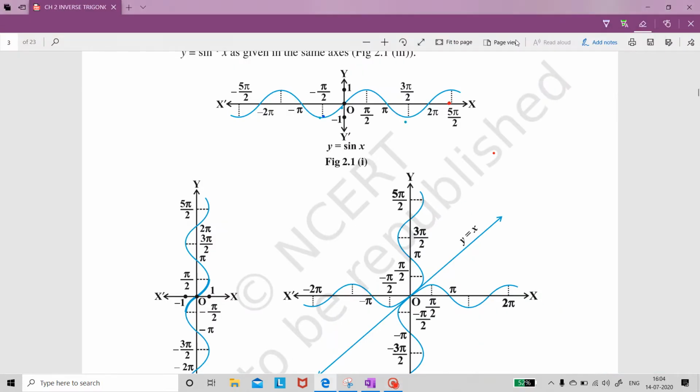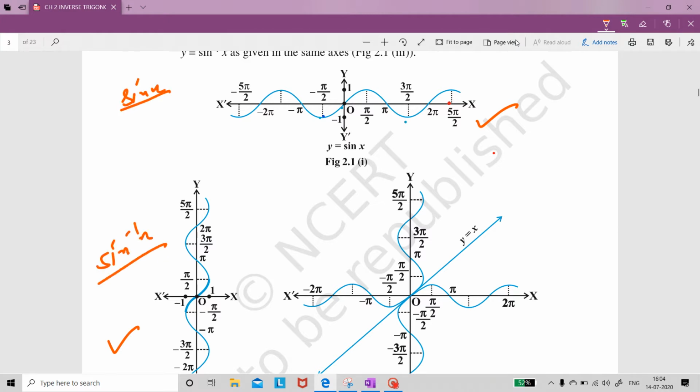Now students, you can compare the graphs of the sine function and the sine inverse function. As you can see here, this is the graph of sine x and this is the graph of sine inverse x. In sine x, whatever was there on the x-axis, the radians, are now on the y-axis for sine inverse x. For sine x, you had shown the radians on the x-axis.